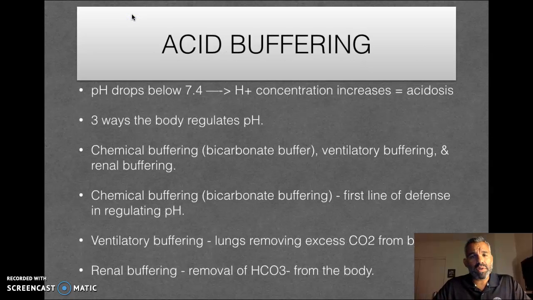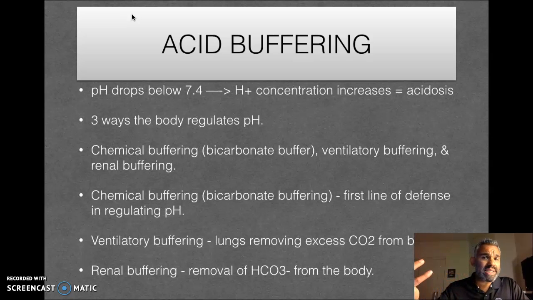Which takes us to our final topic for this presentation, which is acid buffering. We mentioned pH just a little bit, and basically what pH is, it refers to the measure of acidity or alkalinity in our blood, or in a liquid solution. And so we know that a 7.4 pH is neutral, is normal for acid-base regulation. That's where we generally want to be and we want to stay at.